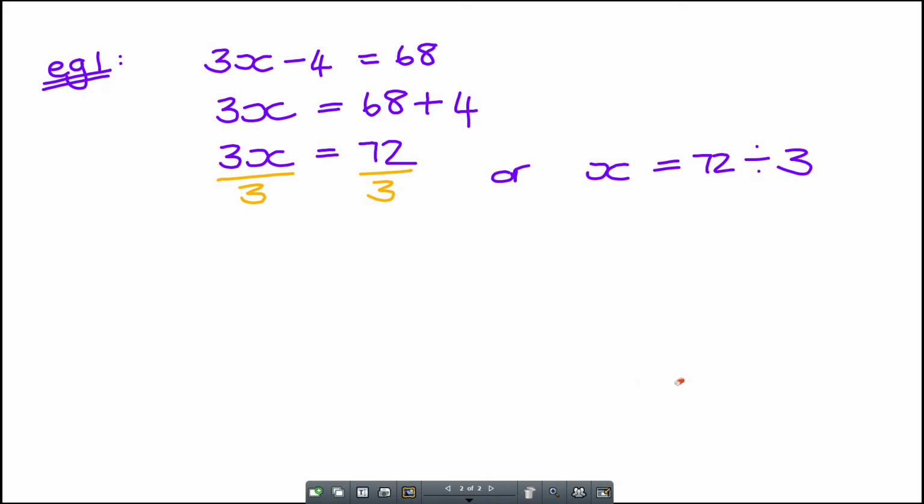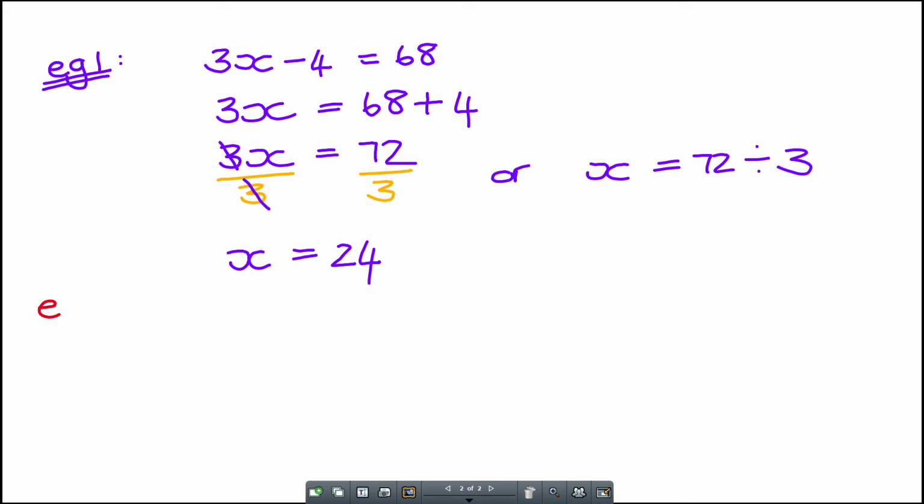Doesn't matter, either. Which means that if I stick to this, can you see these will cancel out? So I have x, and 72 divided by 3 gives me 24. Any questions? Are you guys fine so far?